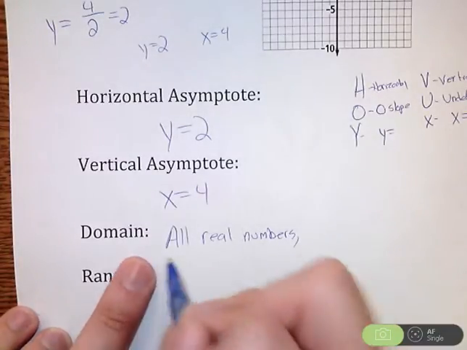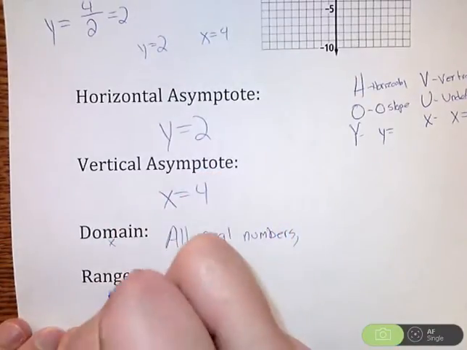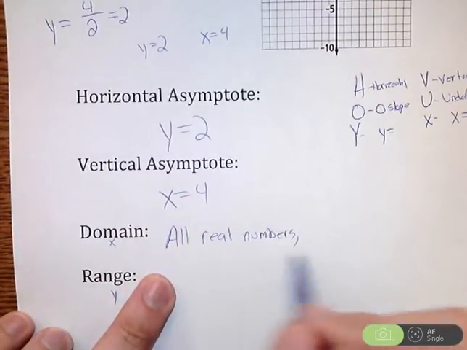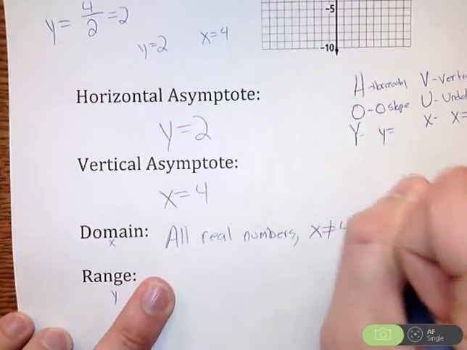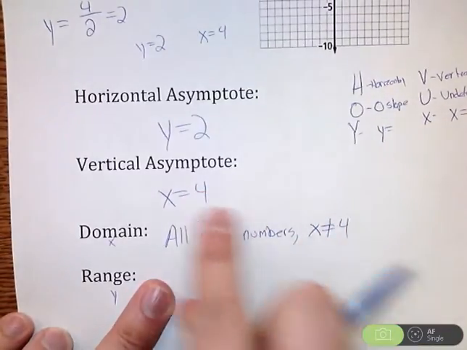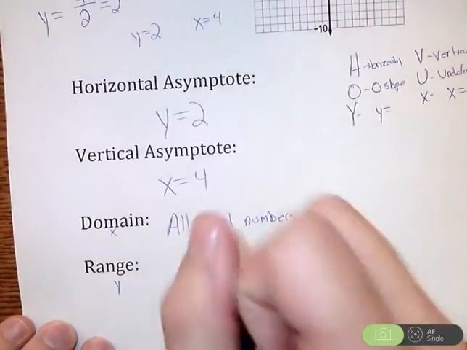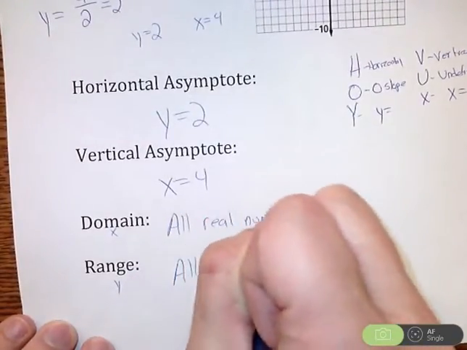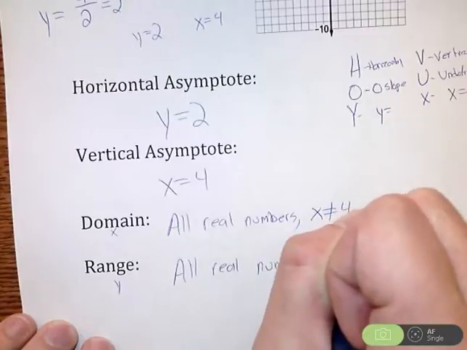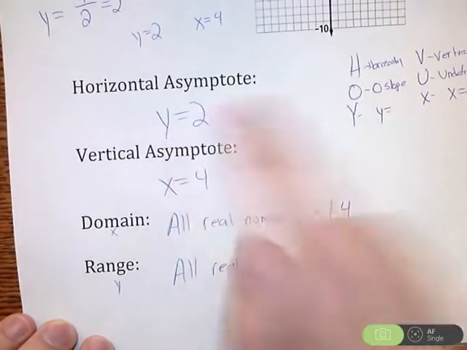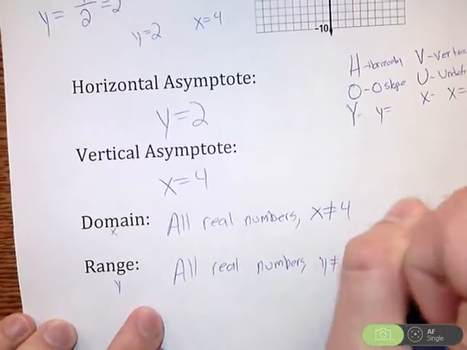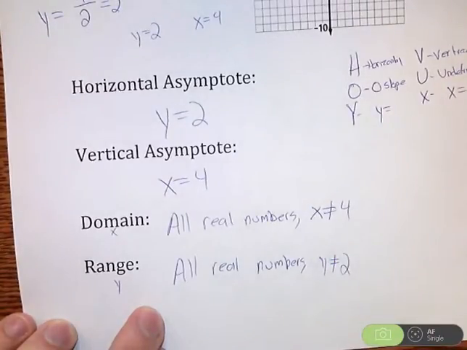So all real numbers, and remember domains, you think about X, range, you think about Y. So we're allowed all real numbers, but I'm not allowed to have X equals 4. See how that matches up, 4 and 4? And then range, we're still going to have all real numbers. But remember, range deals with Y, but I'm not allowed to have a Y equal to 2 because that is an asymptote. So Y is restricted on 2.